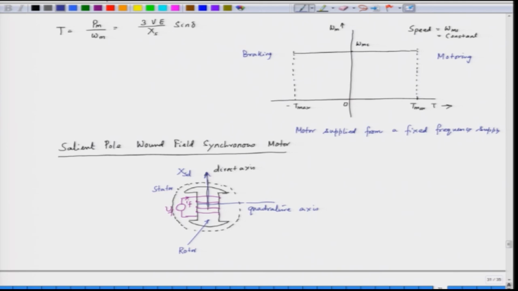The reactance along the quadrature axis, the Q axis, is called XSQ. Unlike a cylindrical machine where we have only one synchronous reactance, XS, we have two synchronous reactances in a salient pole synchronous machine because of the non-uniform air gap.